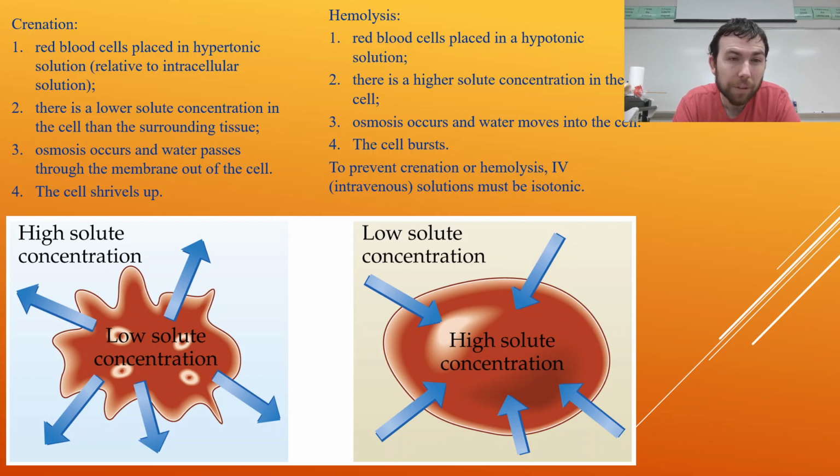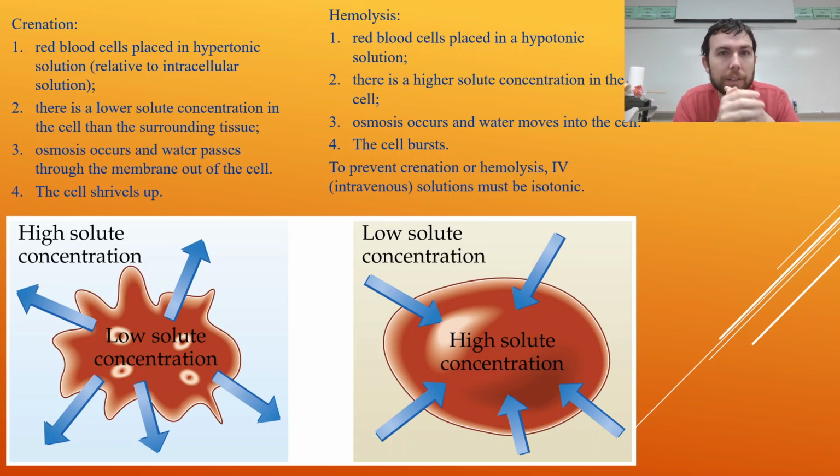So what's going to happen, because of osmotic pressure, is the solvent is going to leave the red blood cell. So osmosis occurs, water passes through the membrane out of the cell, and then what happens in crenation is the red blood cell shrivels up, right? So its shape gets distorted. That would be an example of that function in that biological system.